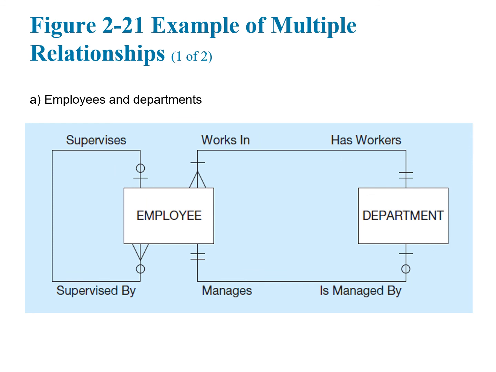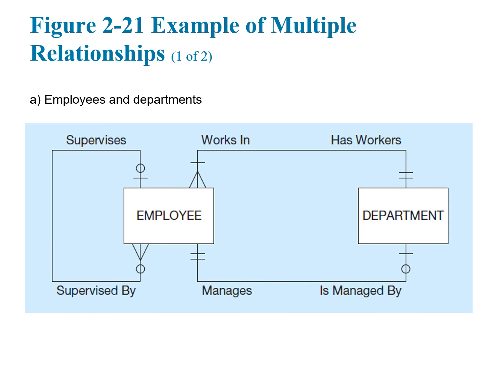Figure 2-12.1, example of multiple relationships. Employee and department. Employee is supervised by, also supervises employee, and employee manages department, and employee works in department, and department has worker, and department is managed by employee.